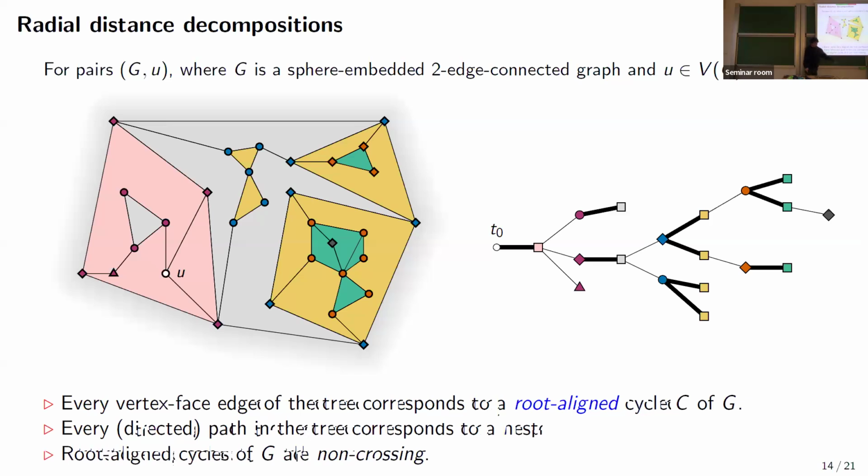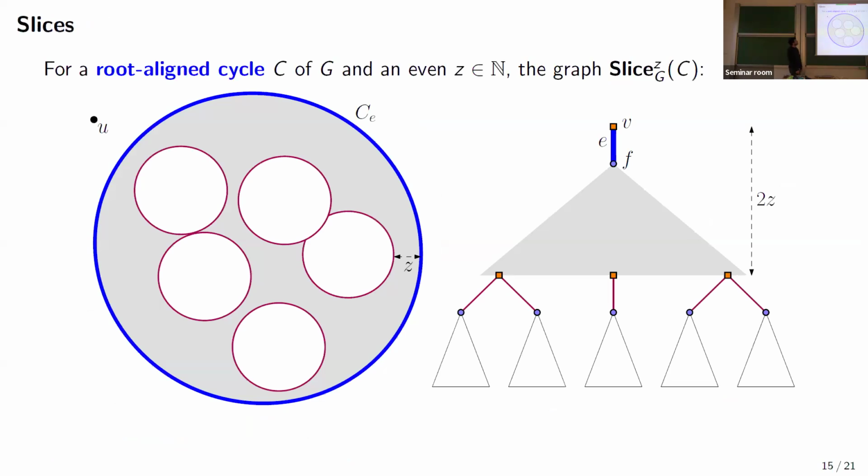Okay, so once I have this radial distance decomposition, of course I can compute it in linear time. It's just a BFS, and I will use it to define what we call a slice. It's a chunk of the graph that is built from a root-aligned cycle of the graph. We pick an edge from vertices to faces in this decomposition. This is a cycle in the graph.